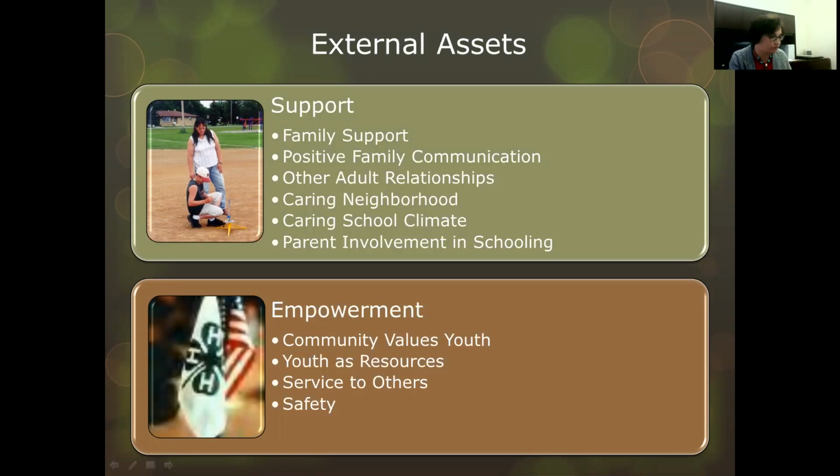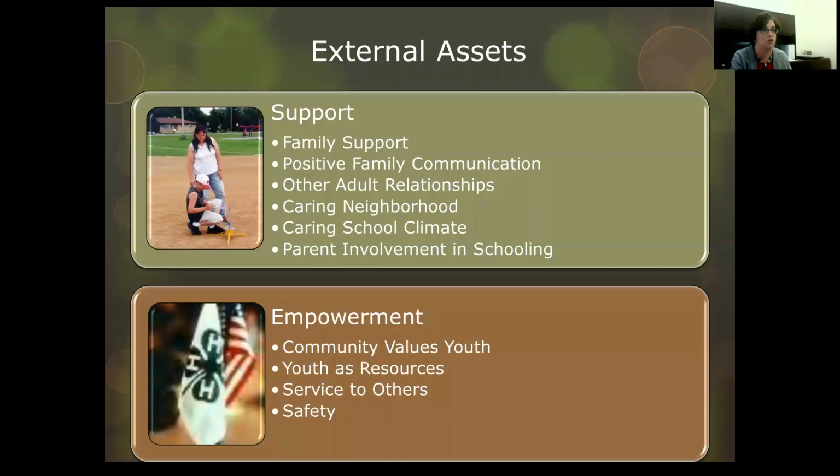The caring school environment: the school provides a caring, encouraging environment. Parents' involvement in schooling. This is where I think it's really important that we let our own parents know how important it is that they be involved in their child's school.